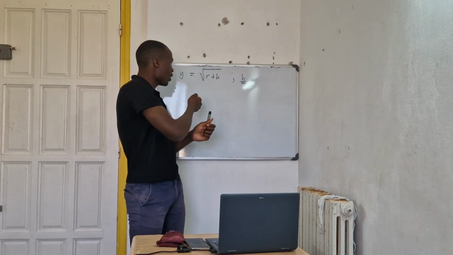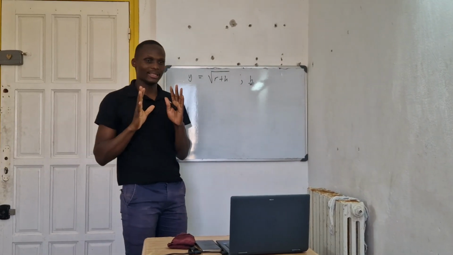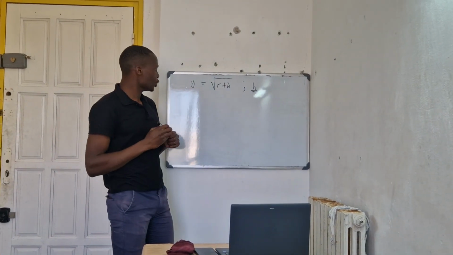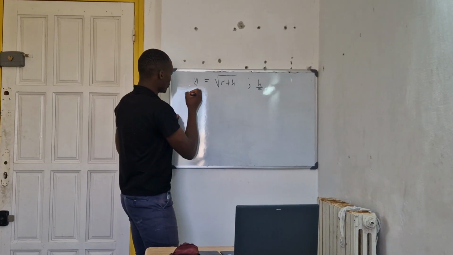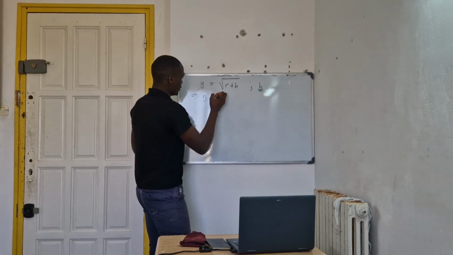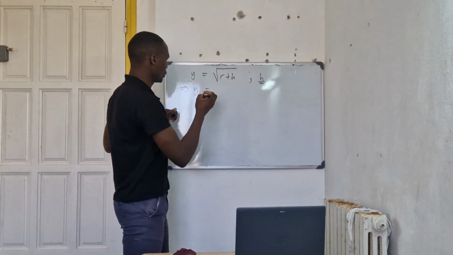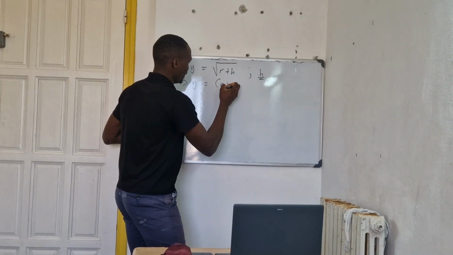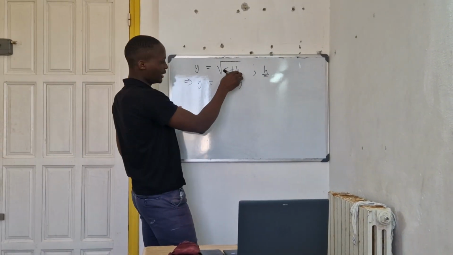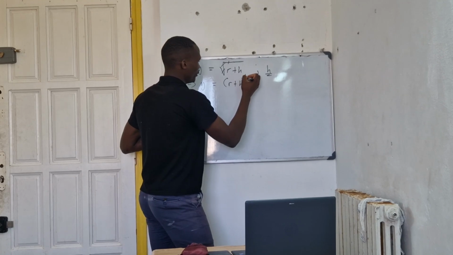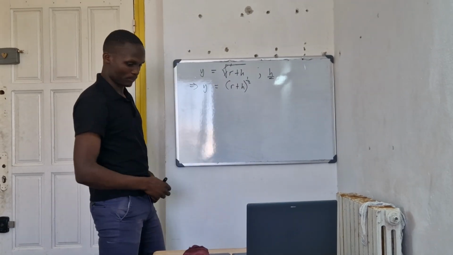The first thing is to unlock the room. In this case, the room is the square root. According to the indices, the square root means a power half. So we are saying r plus h, which is inside. Then we replace this by power half, like this.